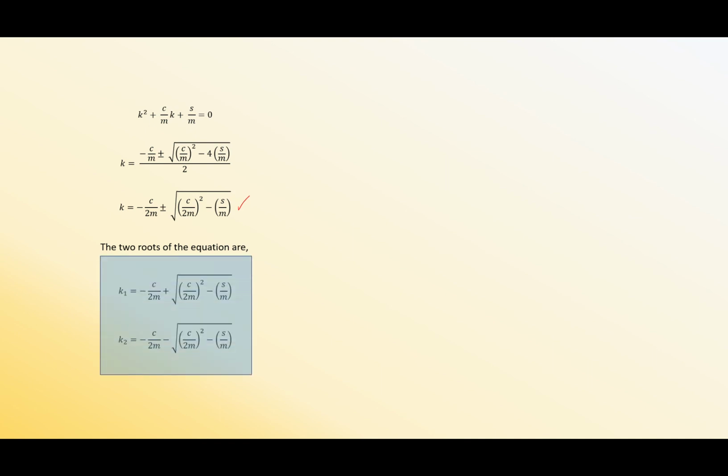You can use this formula, and based on it you can further manipulate to break it up and find the roots k1 and k2. So you can see the whole equation is now in terms of the damping coefficient, the mass, and the spring stiffness. That's for this section.